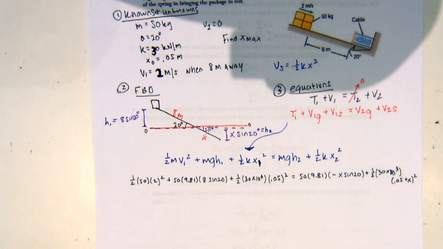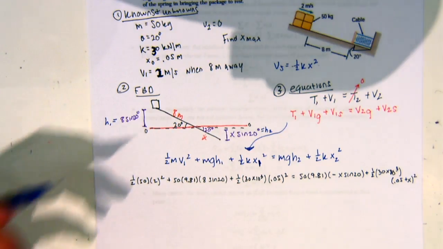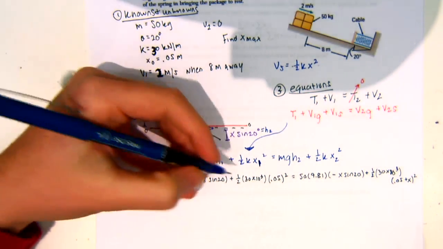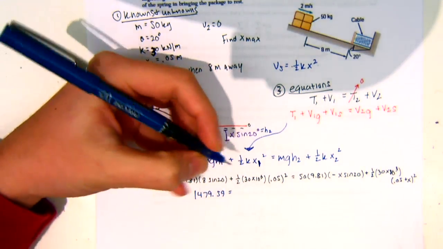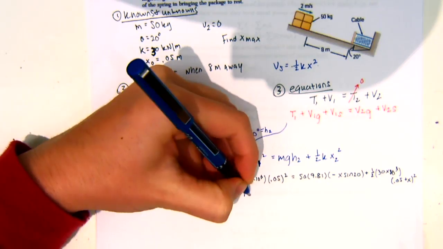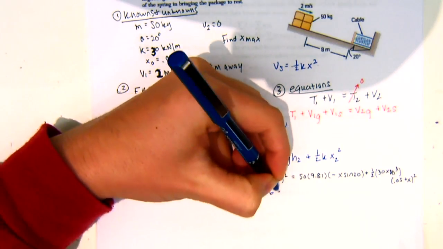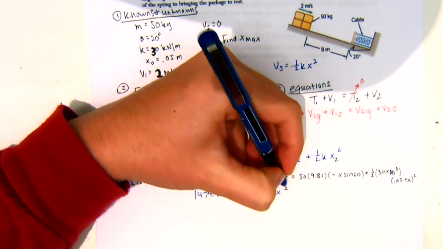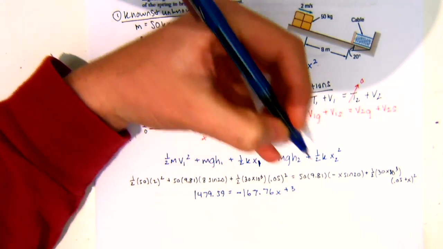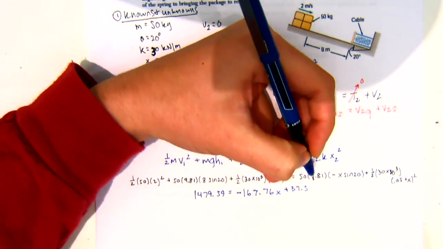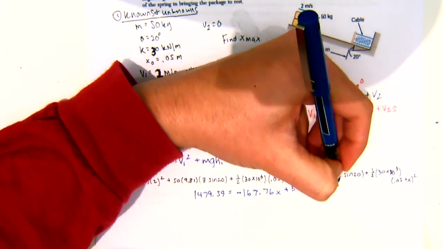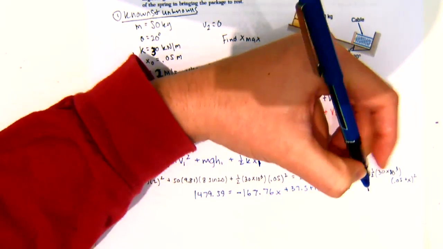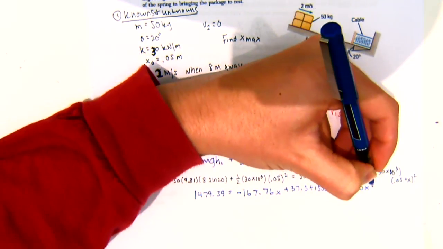So just for your sake, I will write out the next line, and then I'll write out the answer. So you end up getting 1479.59 is equal to negative 167.76 x plus 37.5 plus 1500 x plus 15000 x squared.